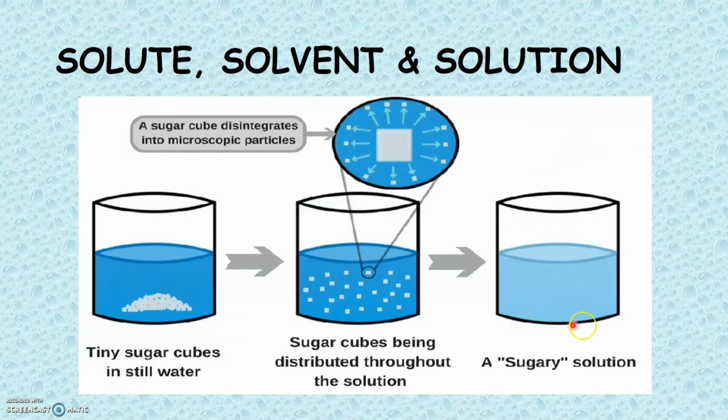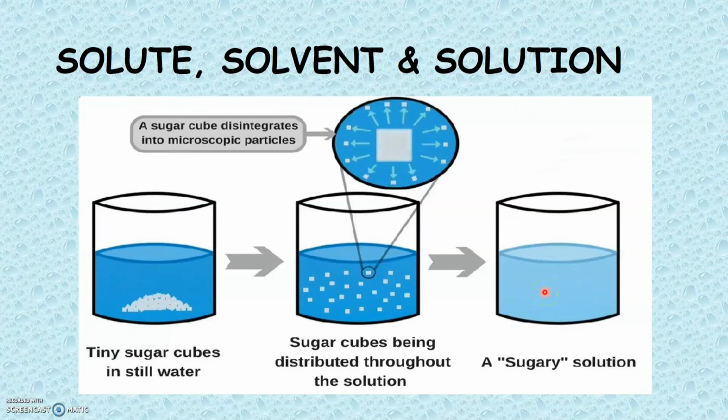So finally we get a solution like this, how you see here in the last picture. So here we will not be able to differentiate or make out the difference between sugar and water. It appears to be a clear solution, isn't it?